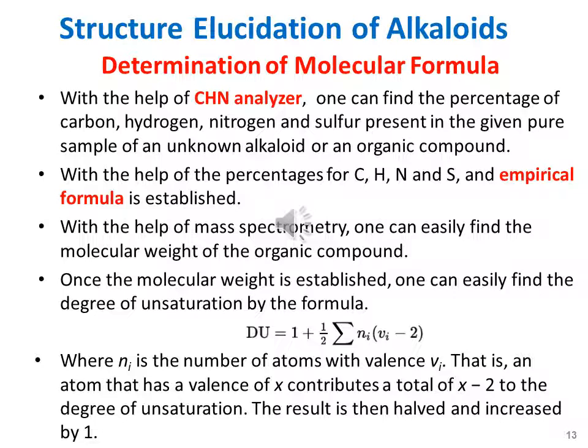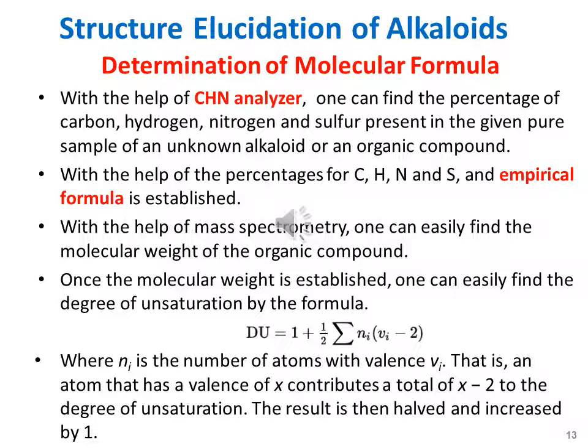With the help of mass spectrometry, one can easily find the molecular weight of the given alkaloid. Once the molecular weight is established, one can easily find the degree of unsaturation of the alkaloid by the formula. This formula is given on slide number 12. The degree of unsaturation is equal to 1 plus half the summation of n_i (v_i minus 2), where n_i is the number of atoms with valency v_i.